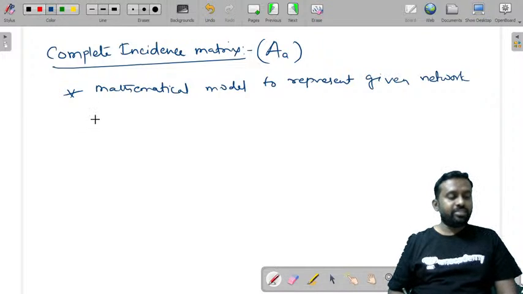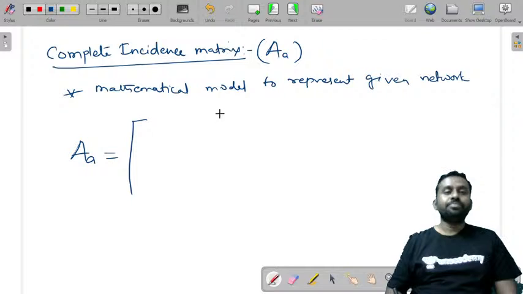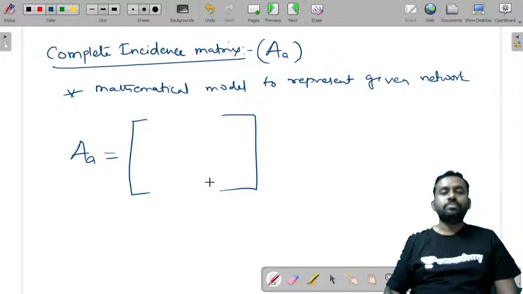We will see what the complete incidence matrix is, and then find the reduced incidence matrix. Because it is a matrix, it should have some size, and the size of this matrix is always n by b. The number of rows represents the number of nodes.